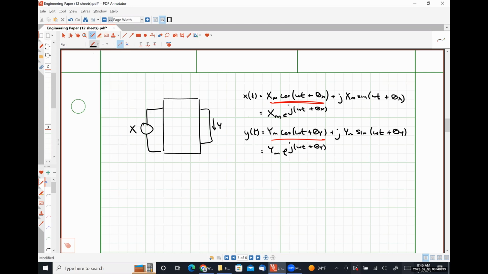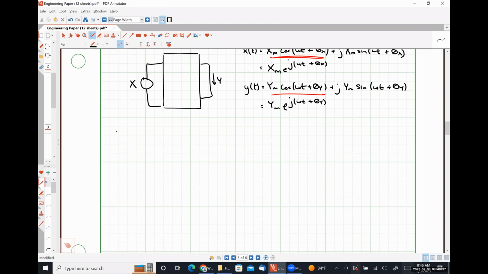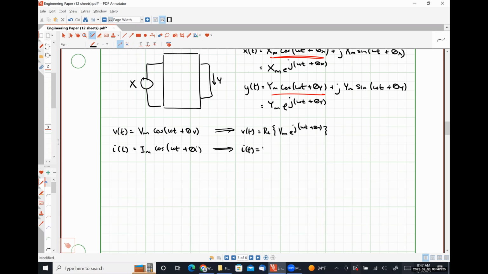So if we have a signal V of t that is Vm cosine omega t plus some phase angle theta v, or a current signal I of t that is Im cosine omega t plus theta I, using Euler's identity, we could say that V of t is just the real part of Vm e to the j omega t plus theta v, and I of t is the real part of Im e to the j omega t plus theta I, right?